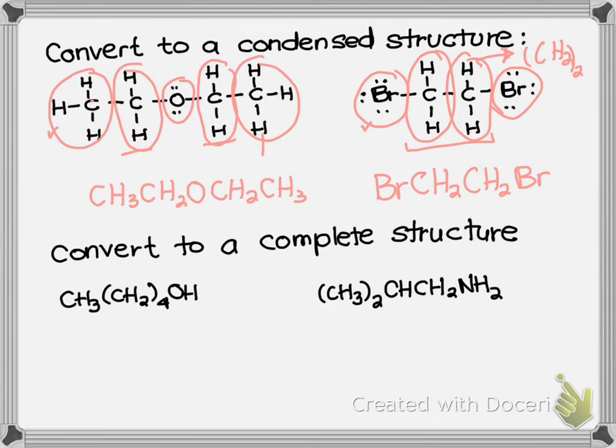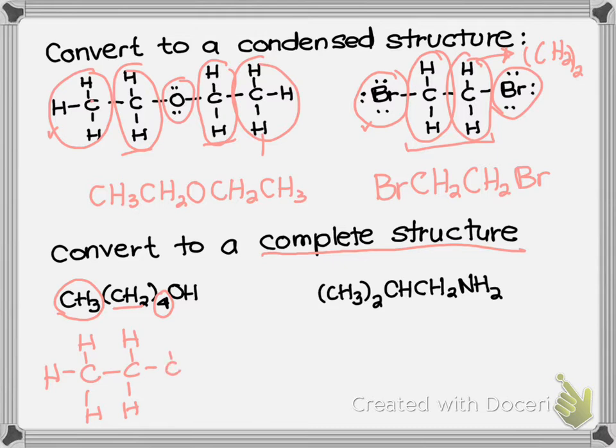Now sometimes, and I know in your homework you might have to do this when you're trying to figure out the shape, you have to put the bonds back. So let's try this. So here I would look here, I'd say CH3. So I know that's a carbon that has 3 hydrogens. Then next to it is a CH2, and then I see there's actually 4 of them.